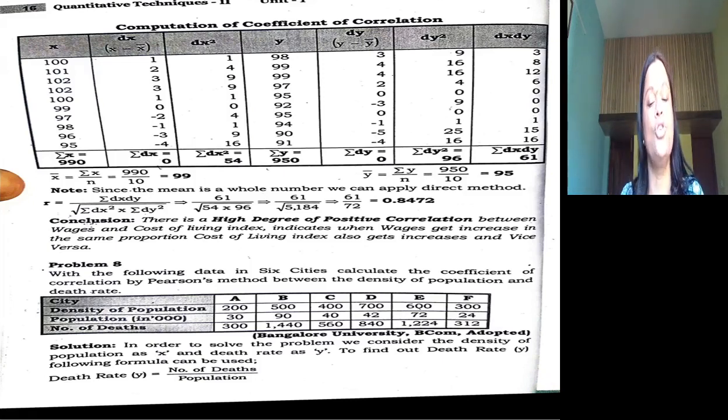Try to understand. So it is clear. That's why you should read the problem. It's clearly given. We should calculate correlation coefficient between density of population and death rate. So death rate is not given. So you should calculate death rate by dividing number of deaths by what? By population.